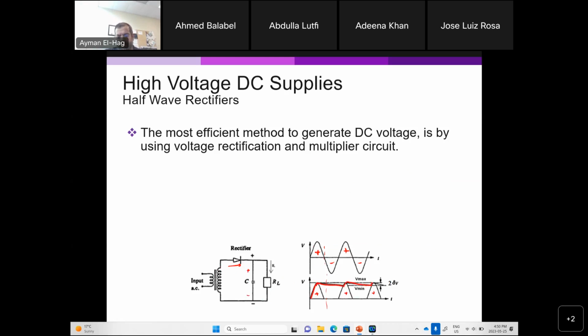Once you go to the negative cycle, the diode is reverse biased, so it is an open circuit. Now the capacitor starts to discharge through the load, and this rate of discharge depends on what we call the RC time.